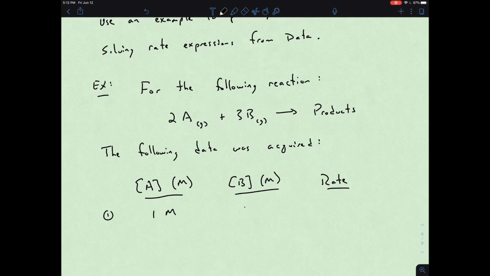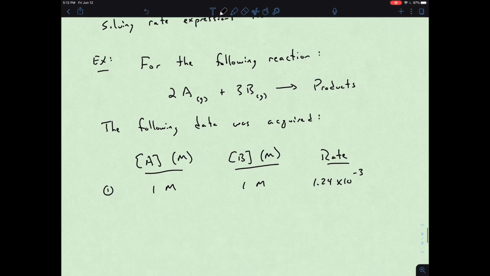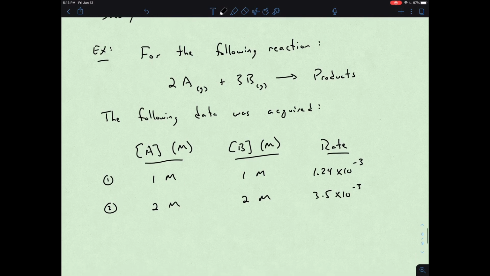We start with concentrations of 1 molar and 1 molar, and we end up with a rate of 1.24 times 10 to the negative third. We then increase the concentration of both starting materials to 2 molar, and we end up with 3.5 times 10 to the negative third for our rate. In the third trial, we keep A the same, but we change B to 4 molar, and we get a rate of 7.05 times 10 to the negative third.